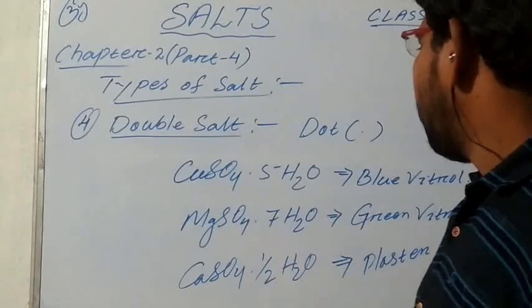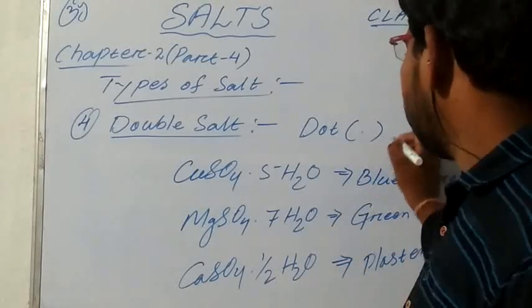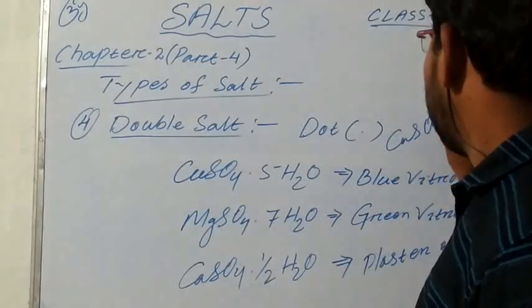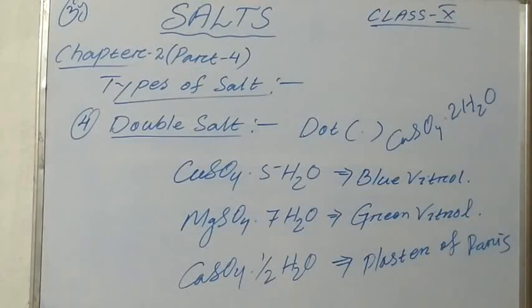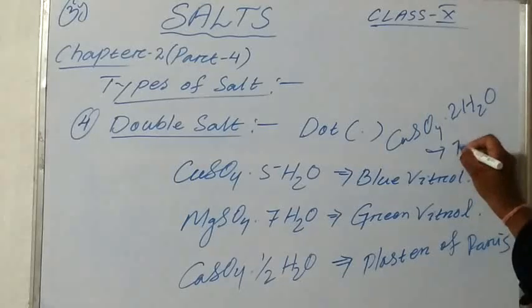Another example is CaSO4.2H2O, calcium sulfate dihydrate, which is gypsum.